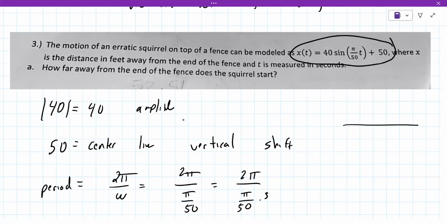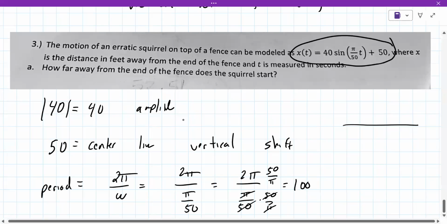You multiply the top and bottom by 50 over pi. So they cancel out there, and then they also cancel out in the top. It just ends up being 100, and that's the period.